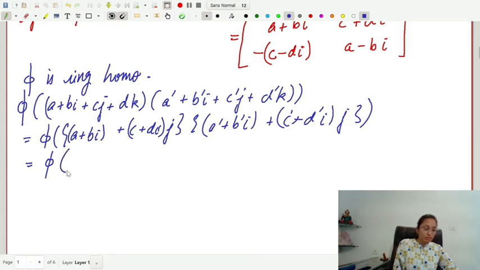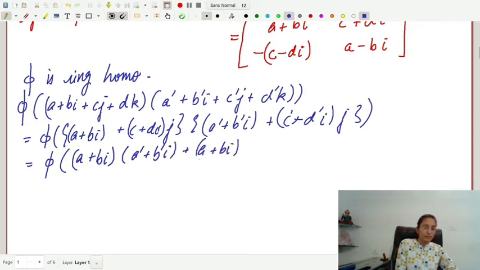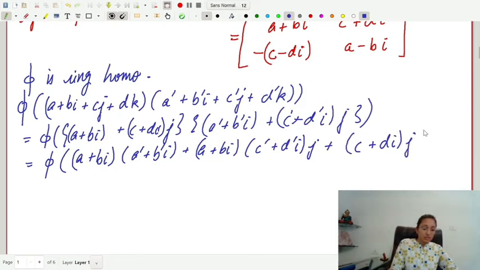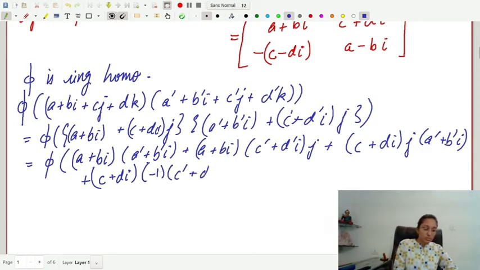phi of a plus bi into a dash plus b dash i plus a plus bi into c dash plus d dash i j plus c plus di j into a dash plus b dash i plus c plus di, minus 1 c dash plus d.